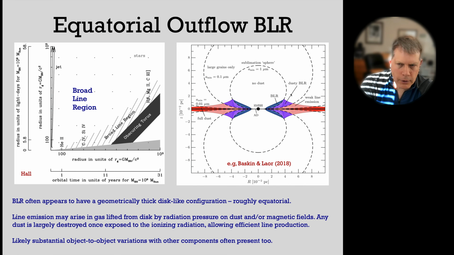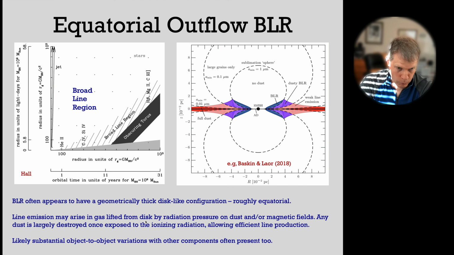Okay. Then any dust that was initially present that allowed the material to be lifted up off the disk, once the material is elevated up above the disk, and once the brilliant central radiation source can shine ionizing radiation upon that material, then that dust is largely destroyed quite rapidly by the irradiation.